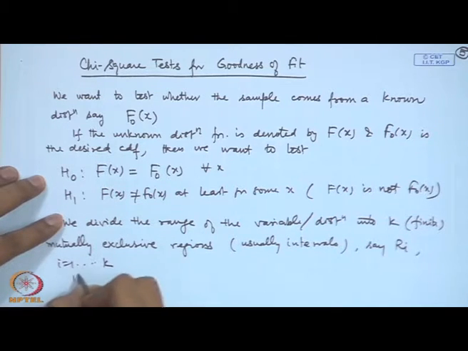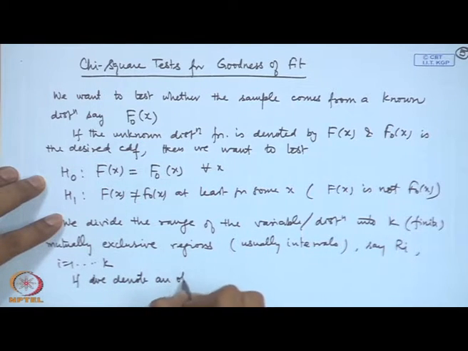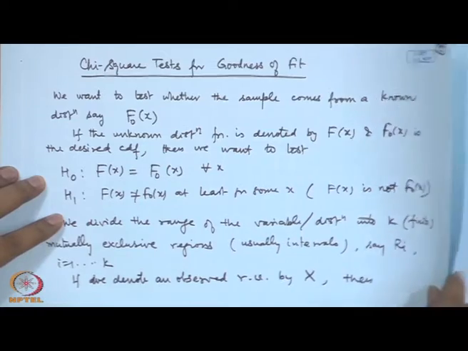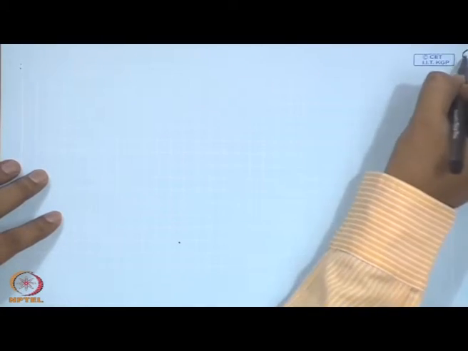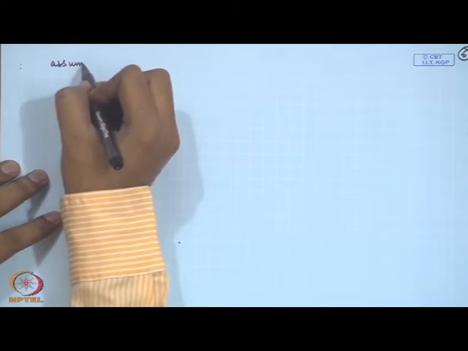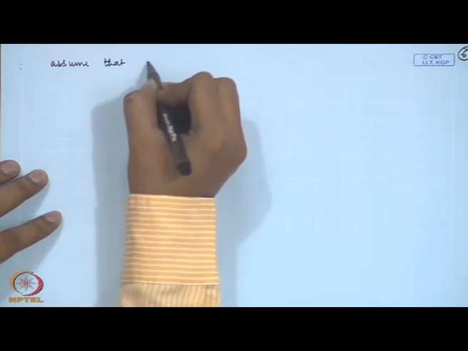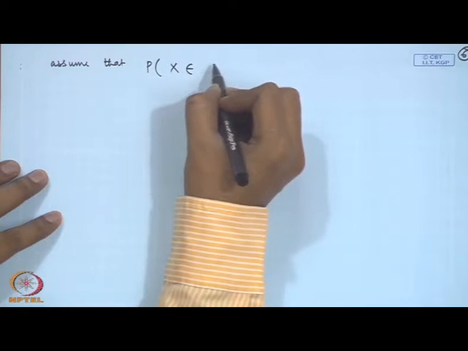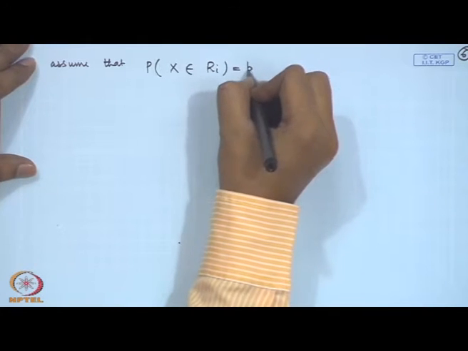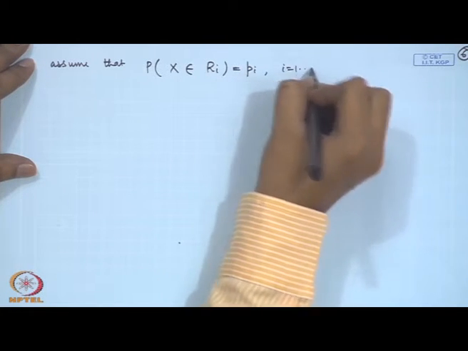And if we denote an observed random variable by x, then assume that probability of x belonging to the region R i is some p i, i is equal to 1 to k.